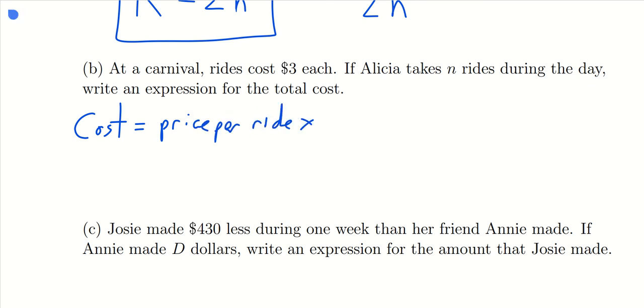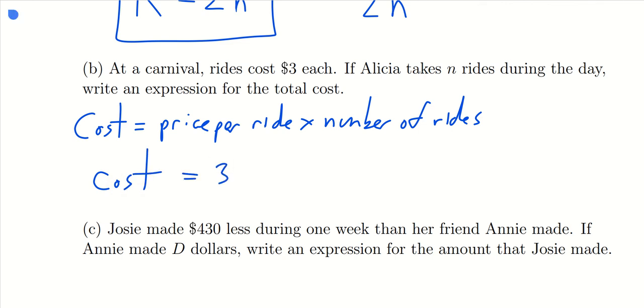And then times the number of rides. So the cost should be equal to the price per ride, which we know is 3. The number of rides is unknown, but they say let n be the number of rides. So it's going to be 3 times n, or 3n.